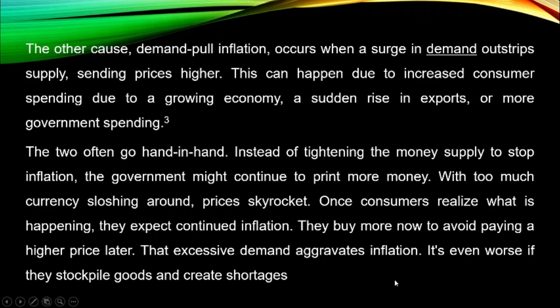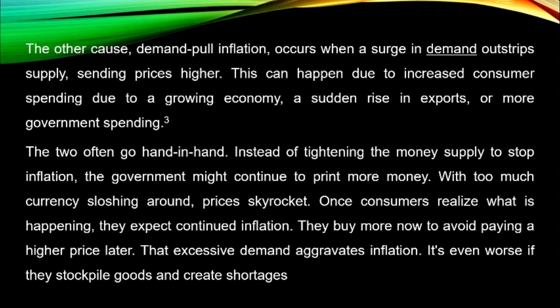The other cause, demand-pull inflation, occurs when a surge in demand outstrips supply, sending prices higher. This can happen due to increased consumer spending from a growing economy, a sudden rise in exports, and more government spending. The two often go hand in hand.